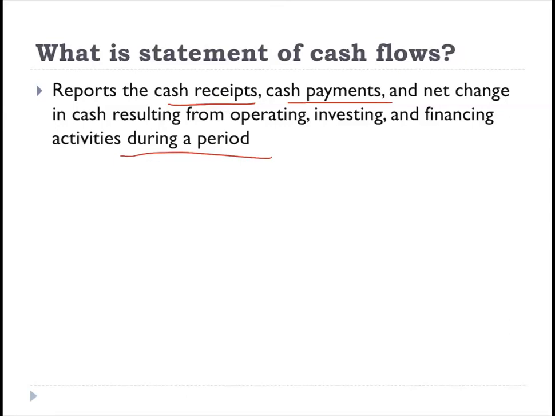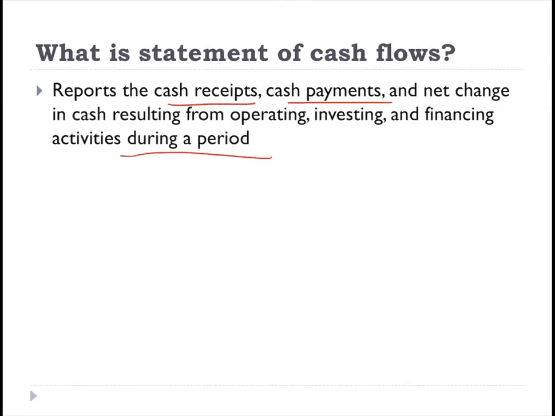So it only reports the firm's balance at a specific point in time. However, it doesn't disclose in detail why the cash changes, for example, from 1 million at the beginning of the year to 4 million at the end of the year. What is causing the change? It doesn't disclose anything about that.